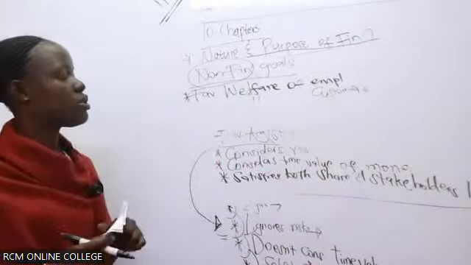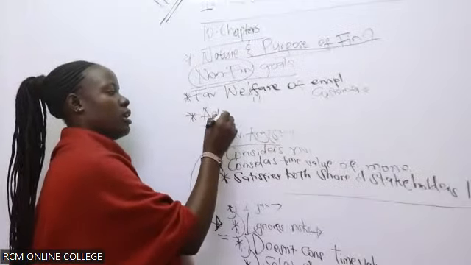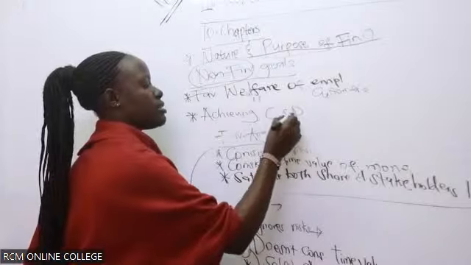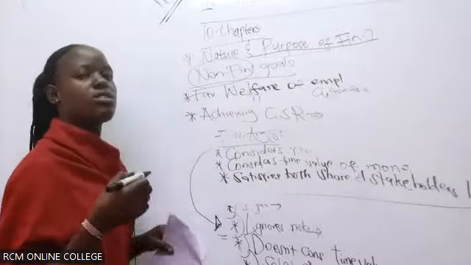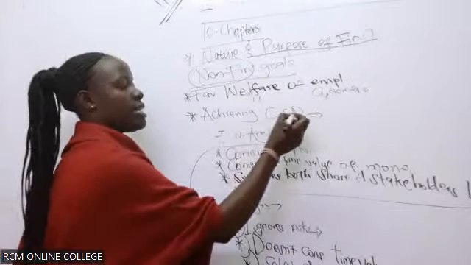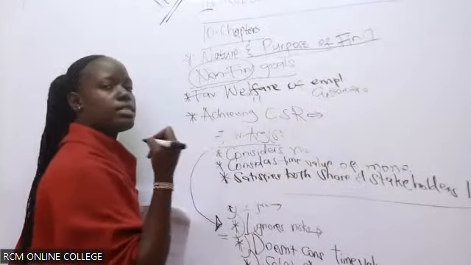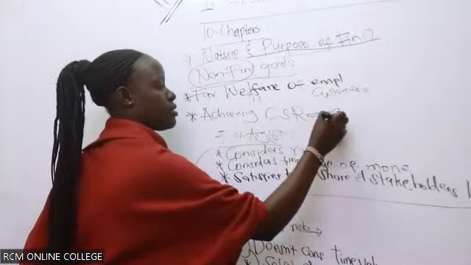Yes, we can also talk of the aim at achieving corporate social responsibility. This is where they achieve the needs of the society, engaging the society in order to achieve its goals, achieving the interest of the society.